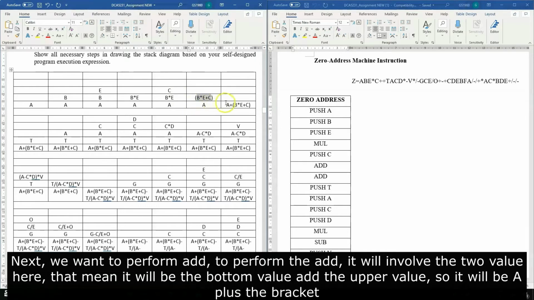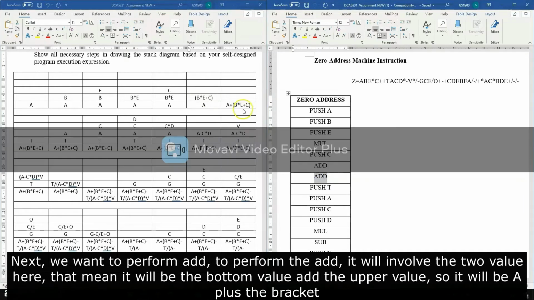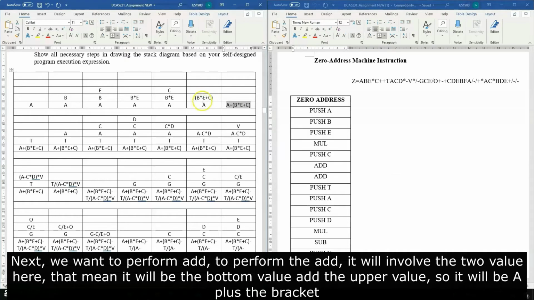Next, we want to perform add. To perform the add, it will involve the two values here. That means it will be the bottom value add the upper value. So it will be A plus the bracket.